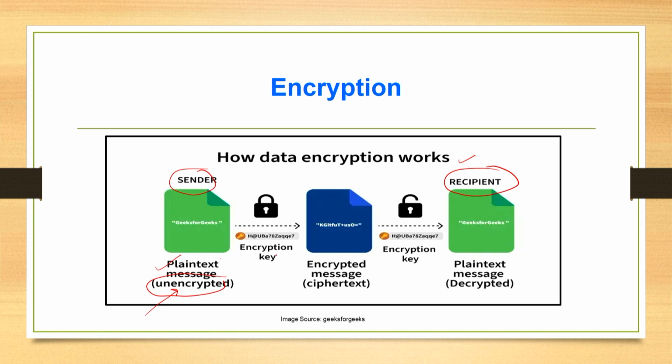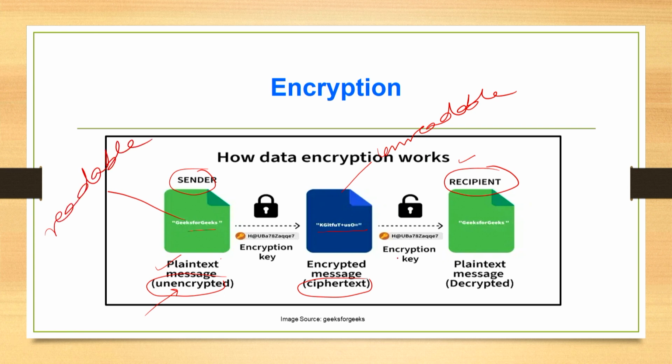On that, the encryption key is applied, and it gets encrypted into a message called the ciphertext. Say you have written the word, but after the encryption it becomes something like KGIT. This is the unreadable format, and the original is the readable one.